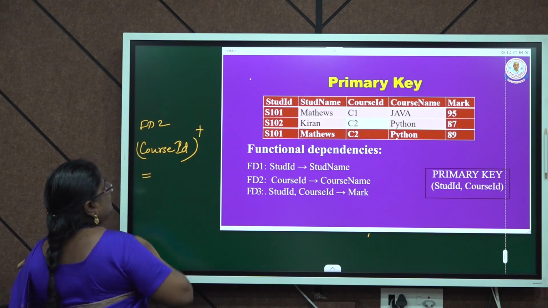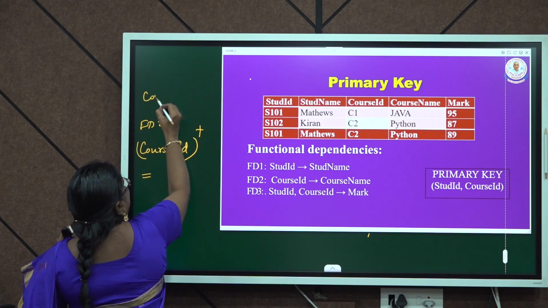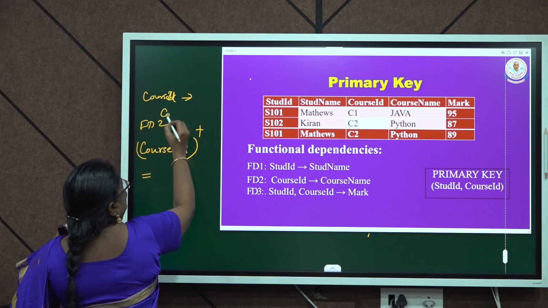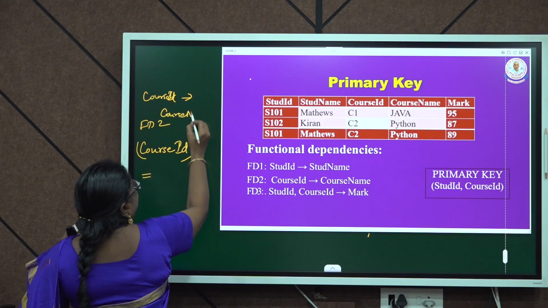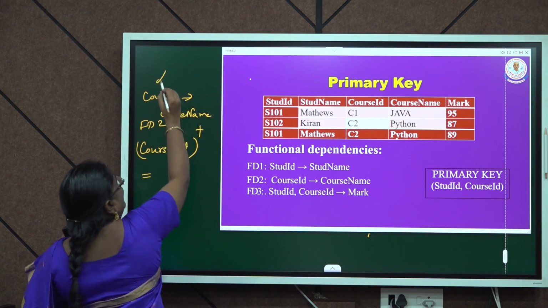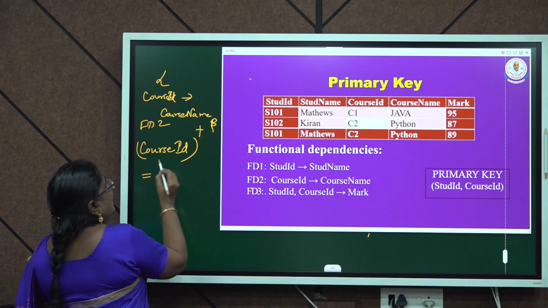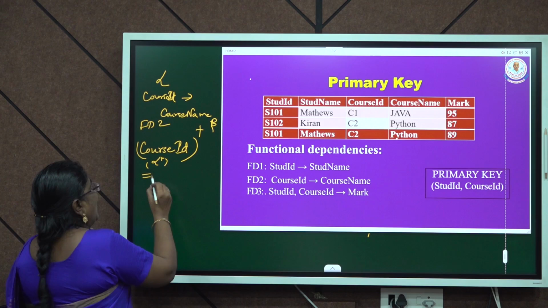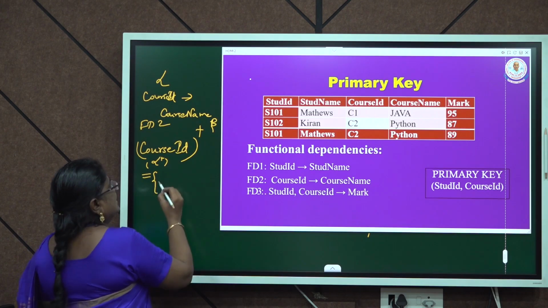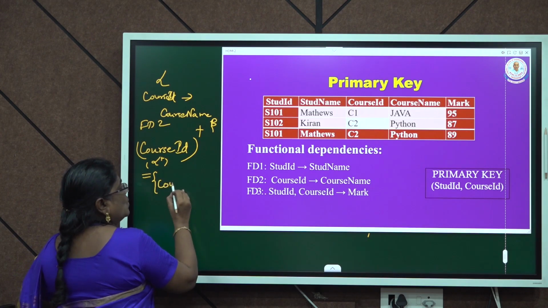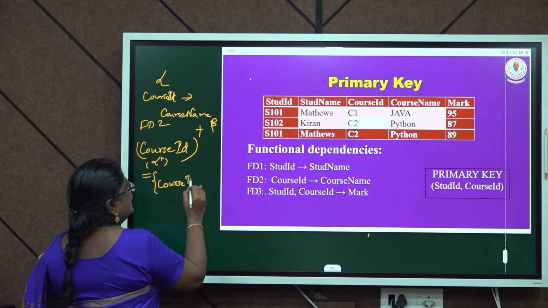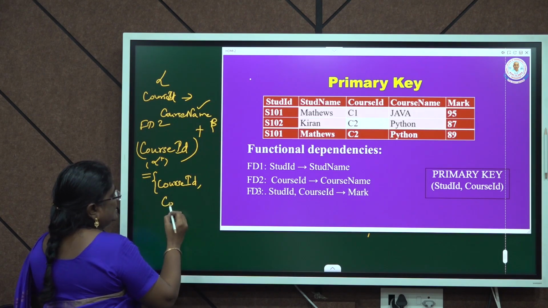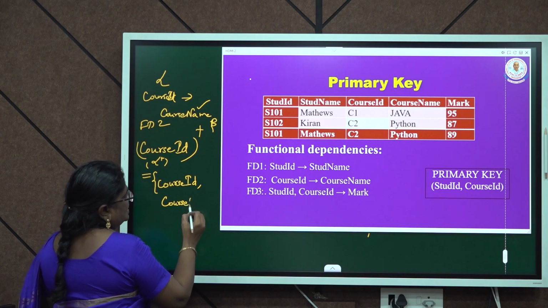I write the functional dependency, course ID determines course name, and this is alpha and this is beta. Actually, this is alpha closure. Alpha closure is equal to, I have to write it in a set. Initially, I write course ID, and then I include the beta also, which is course name.